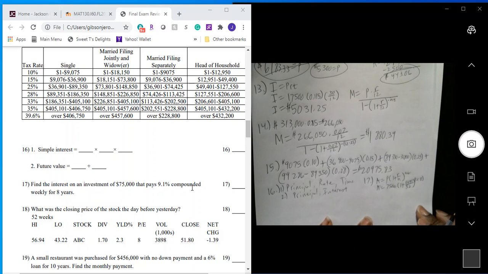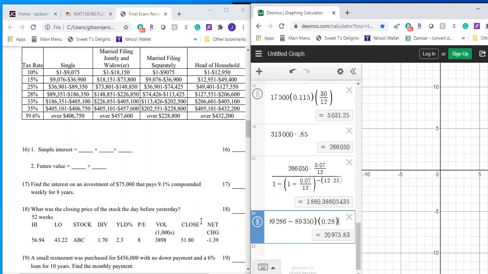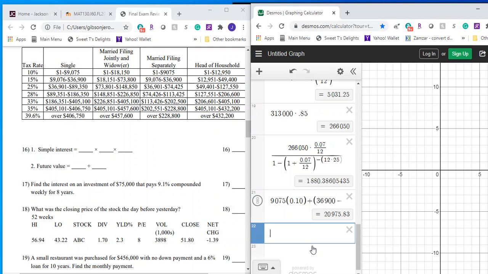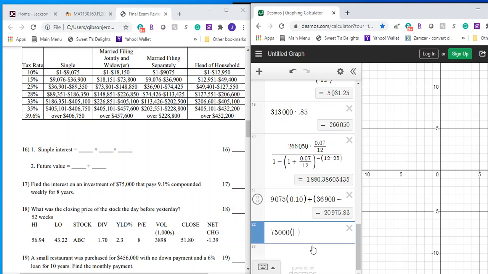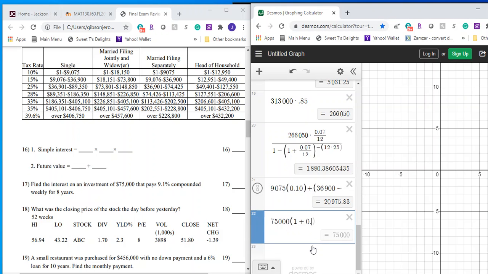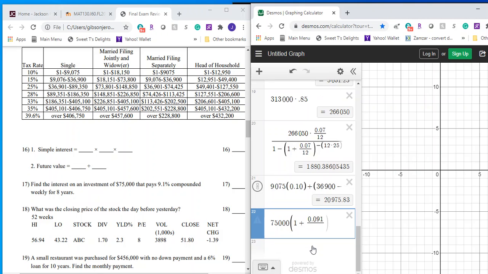Okay, so now we go here, and we could put this in our calculator. So we have 75,000, then parenthesis, 1 plus 0.091 divided by 52.